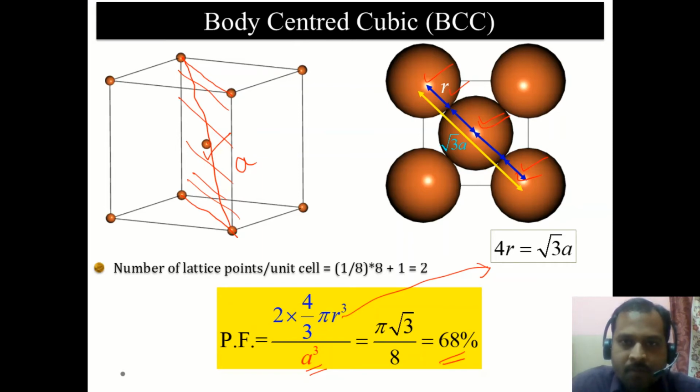In case of BCC unit cell, 68% of the unit cell has been occupied by the atoms, and the rest 32% is void. So this is one terminology which often is used in context with the crystal systems. That means how much the unit cell has been packed by the atoms.